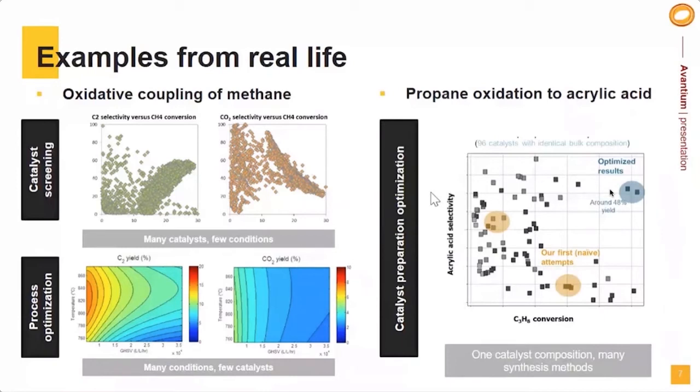What you see in the plots is, on the x-axis, the methane conversion, and on the y-axis for the left plot, the selectivity to a C2 product. So there you actually get the methane coupling. And for the right plot, it's methane conversion plotted versus the CO2 selectivity.